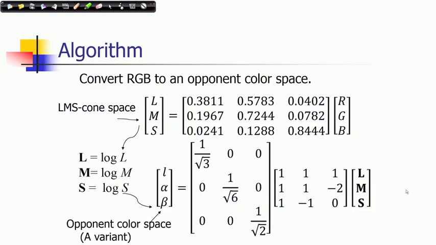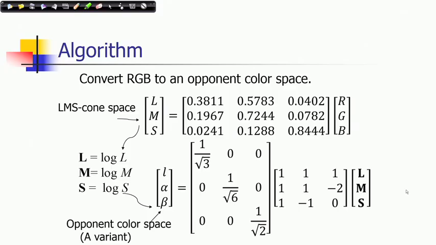In this particular technique, this is the way the processing is done. First, the RGB pixels, RGB being the color space where the color values of the pixels are captured, are converted into another space which is called LMS cone space.